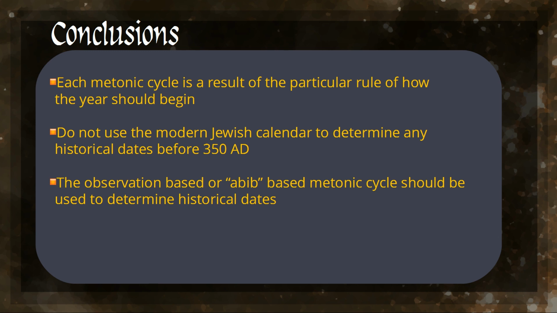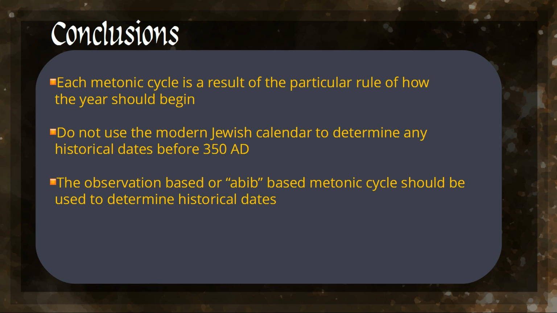Third, during the many hundreds of years of the Temple era, the calendar was based on observation. In particular, the state of the barley harvest, or that of Abib. Based on the fact that barley has a small window of flowering and ripening that is tied to the particular latitude of the Jewish homeland, and that ripening starts around the time of the spring equinox, the unique Metonic cycle that results is evidence that it was the proper Metonic cycle to use for the Jewish calendar.